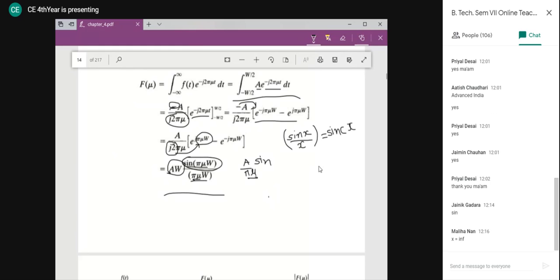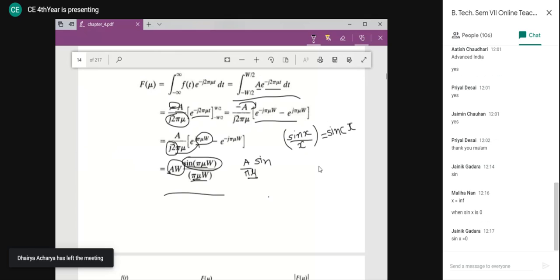The point is when it will touch the horizontal line, when it will have the zeros, like sin x has zeros at k pi. At every pi, it has value 0. That is my question: when is sinc x going to be 0? When will it have 0 values?